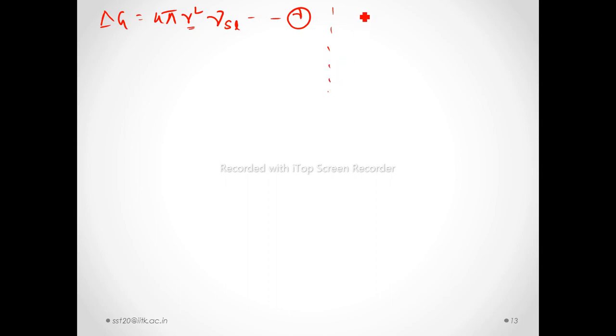Before that, the volume of the cluster is equal to 4 by 3 pi r cube, sorry, 4 by 3 pi r cube equal to NC into volume omega. I will explain. NC is the number of atoms contained in each cluster, and omega is the atomic volume, which gives the total overall volume of the cluster.